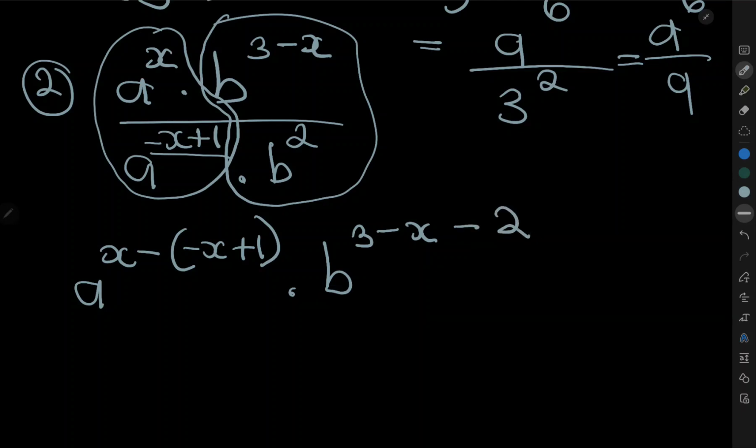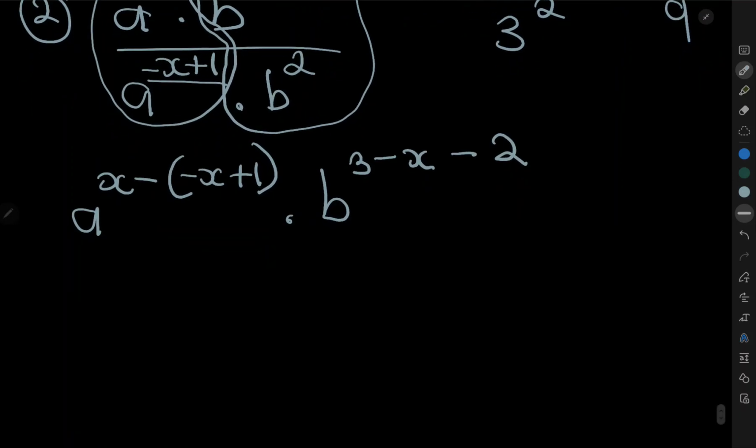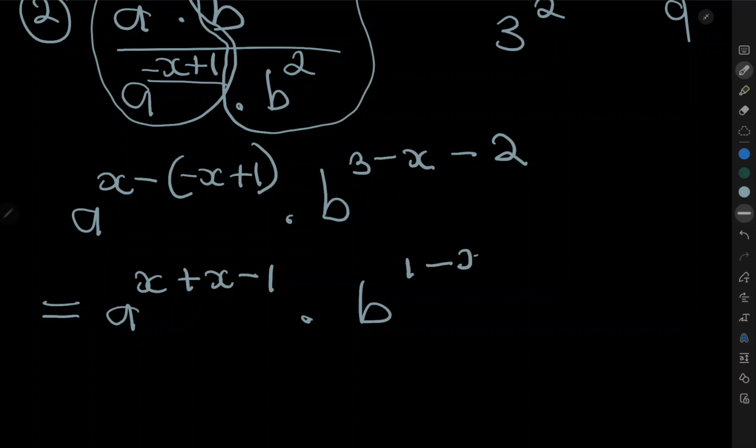The reason I don't put a bracket there is because the exponent is just one term, it's just 2. Now if we clean this up, we get a to the power of x plus x minus 1 multiplied by b to the power of 3 minus 2, which gives 1 minus x, right?